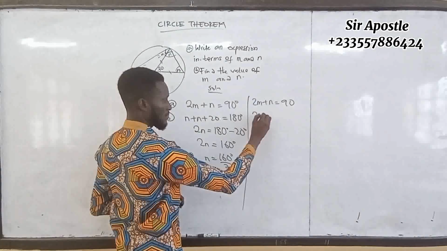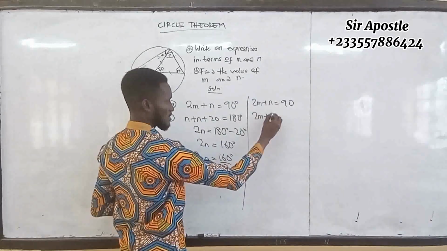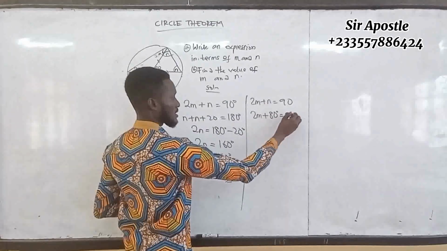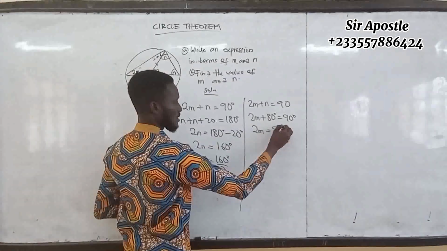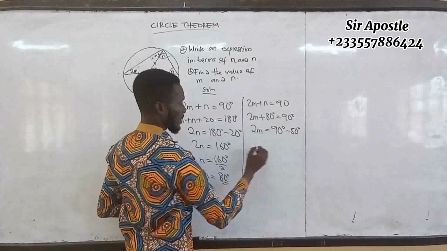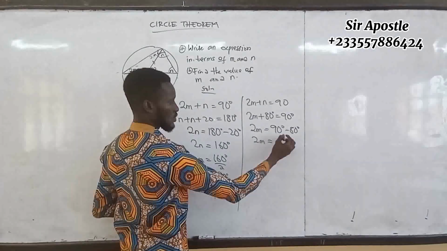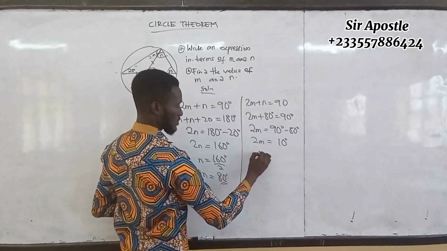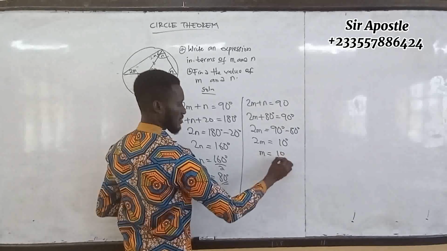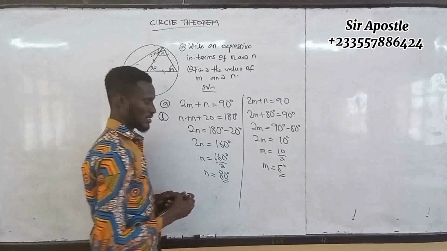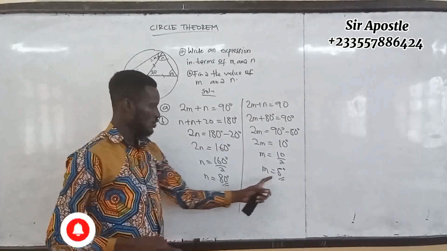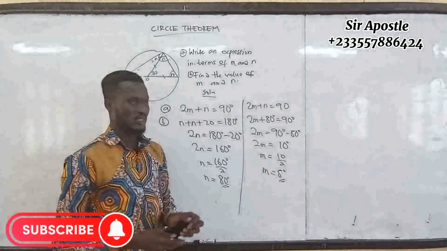So we have 2m plus 80 is equal to 90 degrees. So we can just group like terms to get the value of m. So this one gives us 10 degrees. So 10 divided by 2, m is equal to 5 degrees. So therefore, we've gotten the value of m to be 5 degrees and n to be 80 degrees.